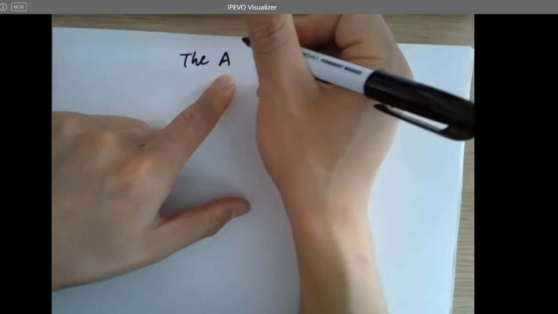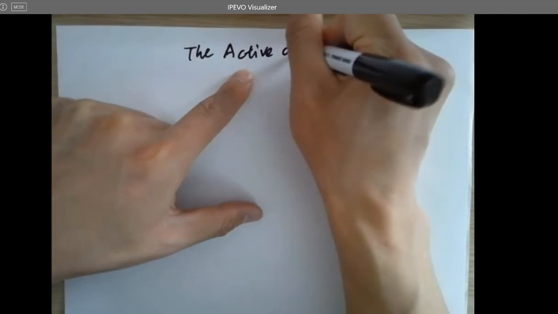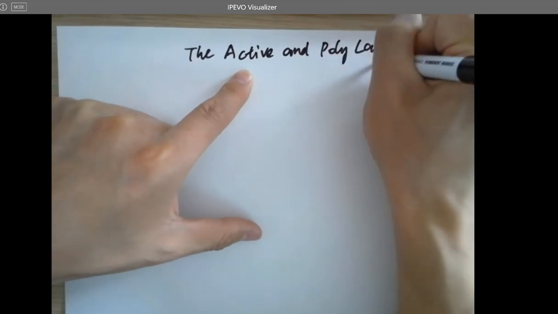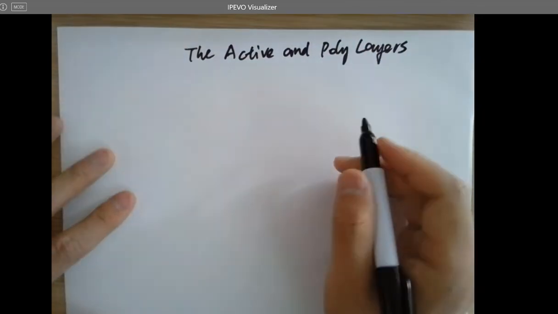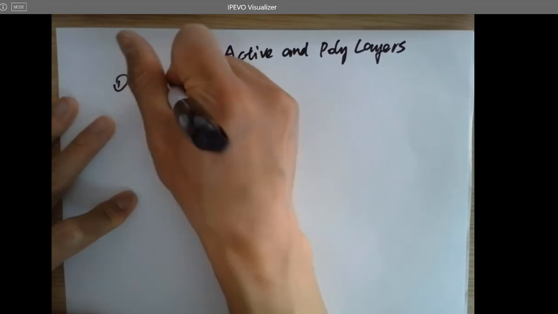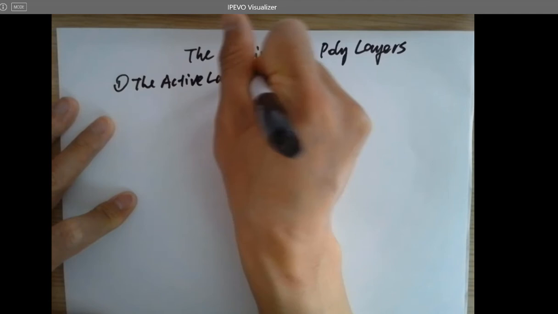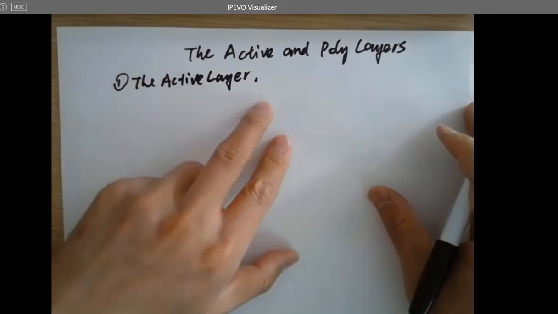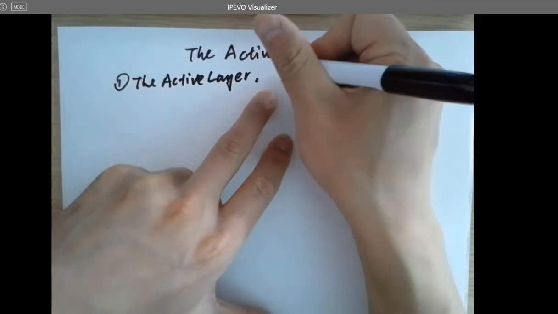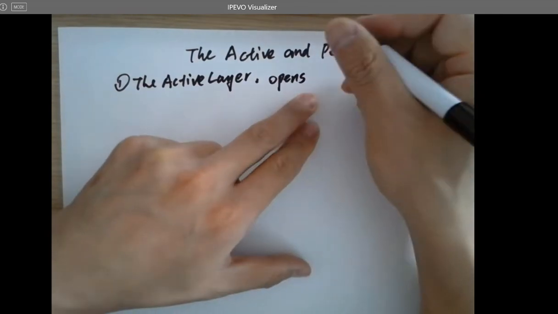Now let's look at the active and poly layers. The active layer opens up the Fox, or opens a window on the Fox layer.